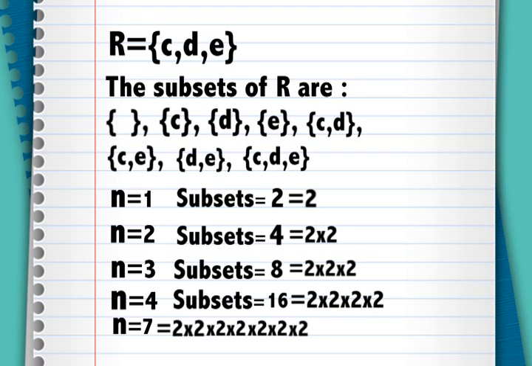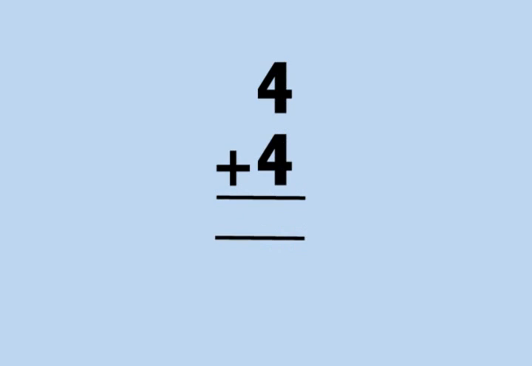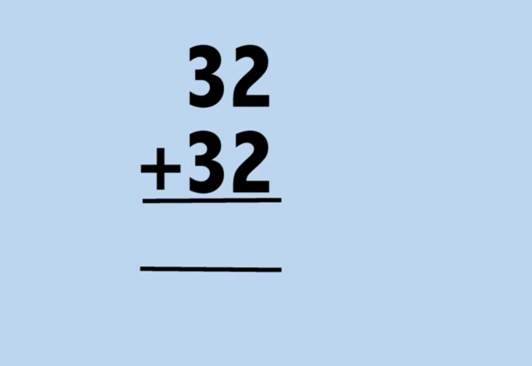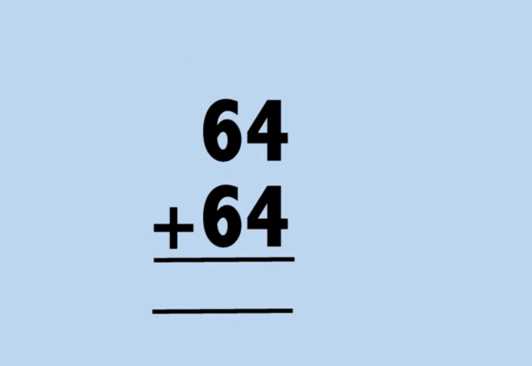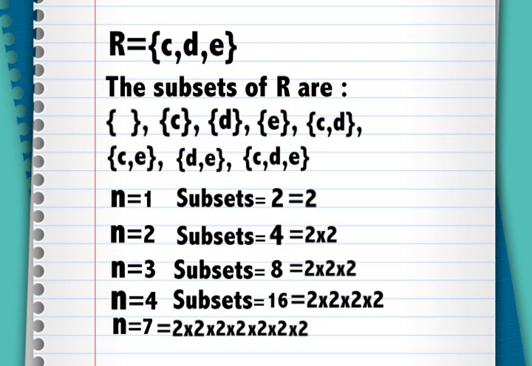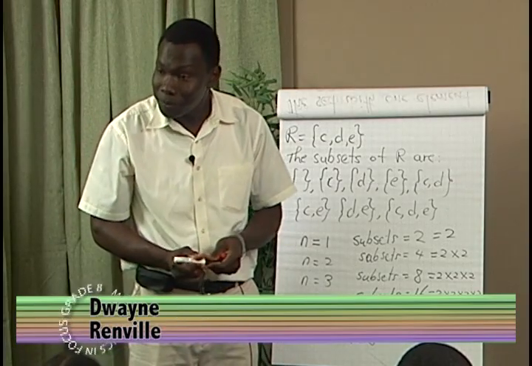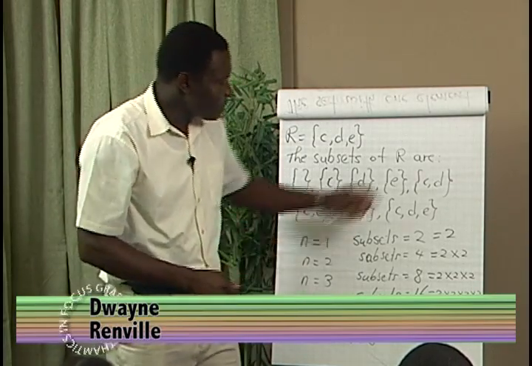So the number of subsets in a set with 7 elements will be equal to, help me calculate: 2 twos, 4 twos, 8 twos, 16 twos, 32 twos, 64 twos. Very good, students. 128 subsets.